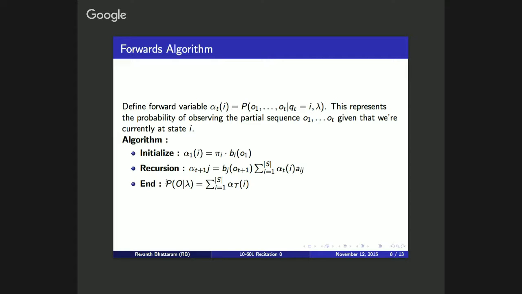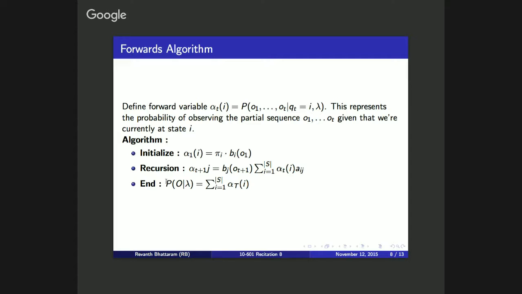It's essentially going to be conditioning. Let's see, I could probably write that down over here. We're interested in this one, right? The probability of O1, O2, OT given lambda. Let's condition this on the last state, qt equals I, given lambda.